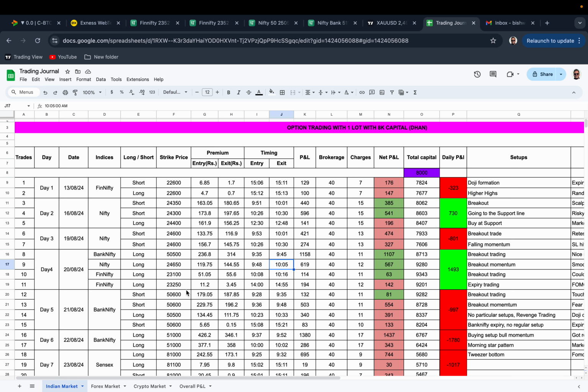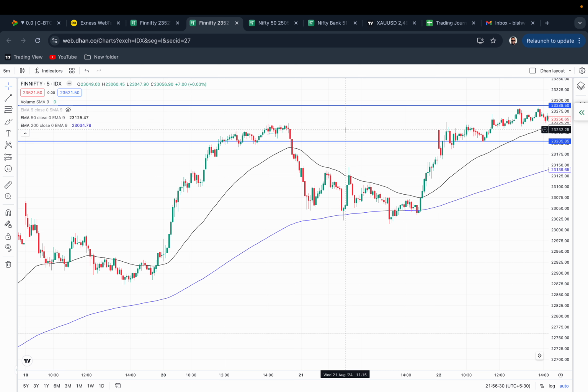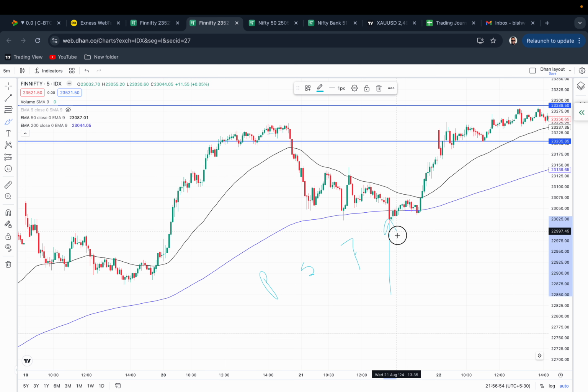And the last trade that I took was the Hero Zero. What is a Hero Zero trade? Hero Zero trade is where you are buying the premium at a very low price, you can say like 5 rupees or 7 rupees, and it goes up.